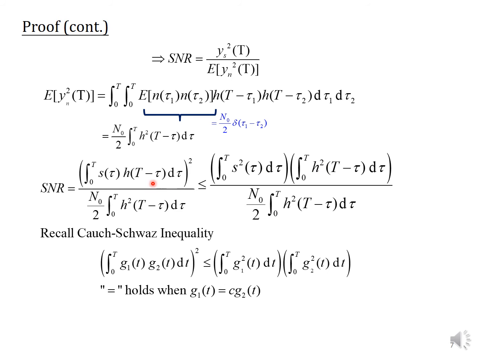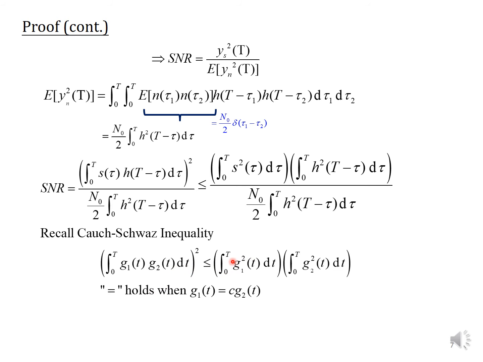If we consider these two known, let's recall this Cauchy-Schwarz inequality. The inner product of two functions would be less than the product of the lengths of each function.